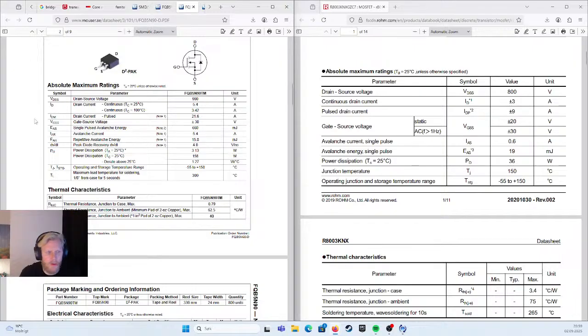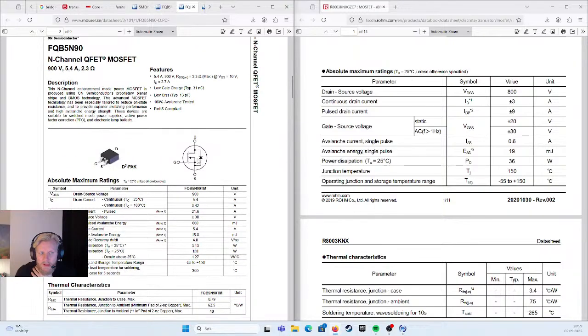Post drain current. Power dissipation. Yes, seems to be way better. So with a case temperature of 25, 158 watt.